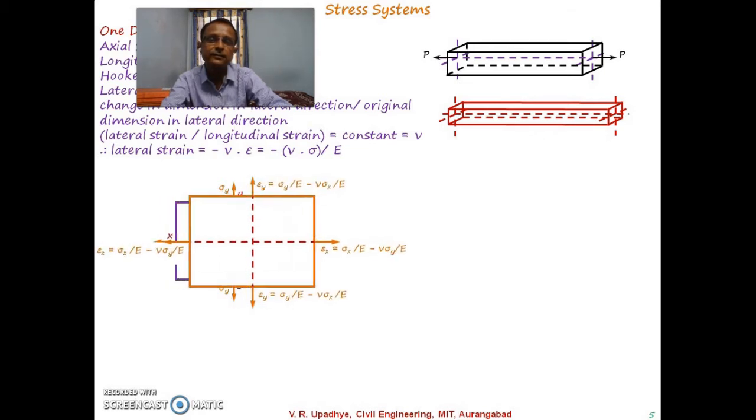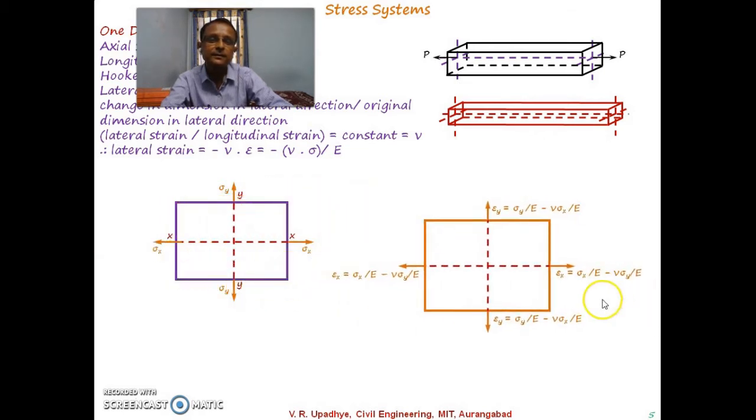So how we can write this together, try to understand. What we wrote in the first diagram was epsilon x is equal to sigma x divided by E. So due to sigma x, the strain in the x direction will be sigma x divided by E. But due to sigma y along the x-axis there will be compression, so that is mu times, Poisson's ratio, so minus mu times sigma y divided by E. Due to sigma y there will be some compression in the x direction.